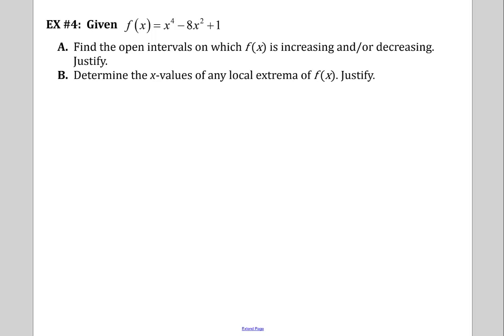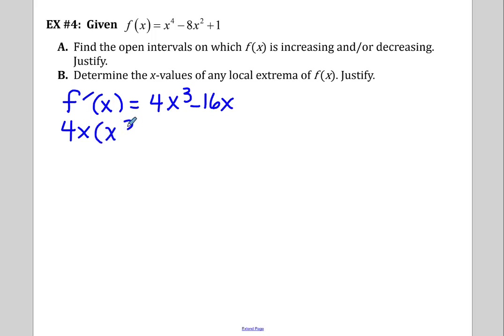So here's example 4. We've got a 4th degree polynomial, and we want to find the open intervals where the function increases or decreases. We want to justify that, and then determine the x values if we have any local extrema. So first, like the last example, find the derivative, 4x cubed minus 16x. Set the derivative equal to 0.